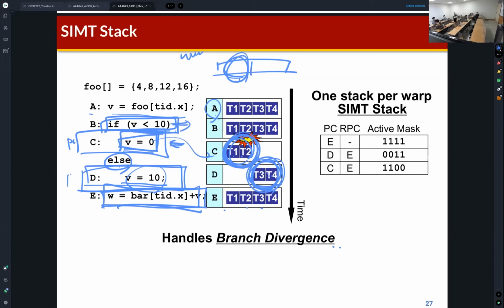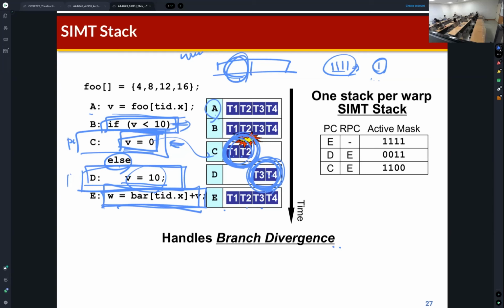In order to support this execution, the GPU supports the active mask. By using the active mask, if the active mask bit is set to 1, then only the corresponding thread is executed in the backend.